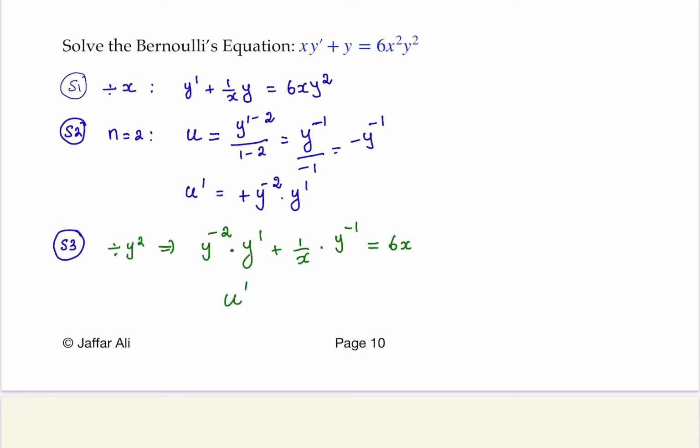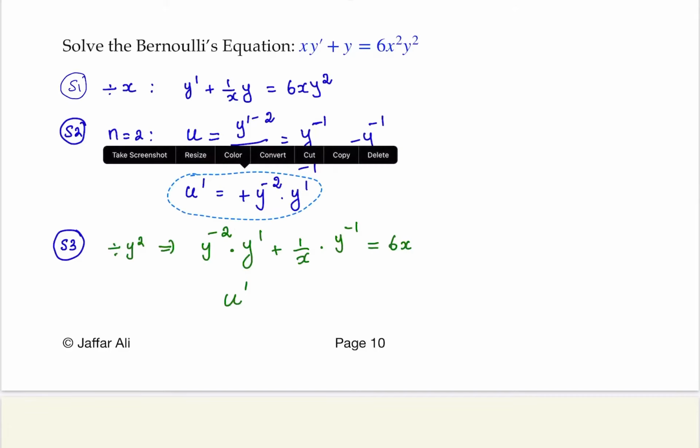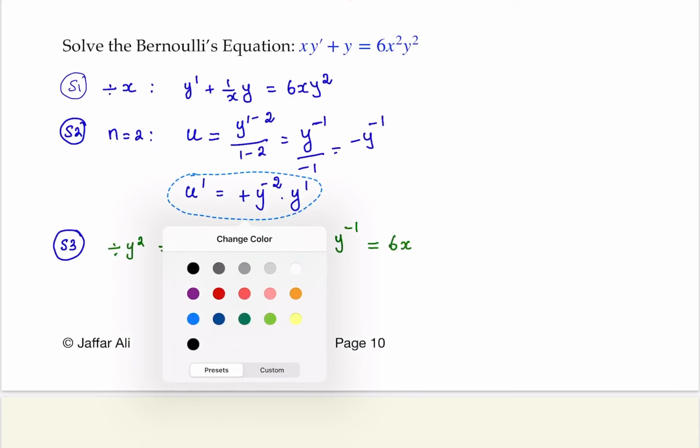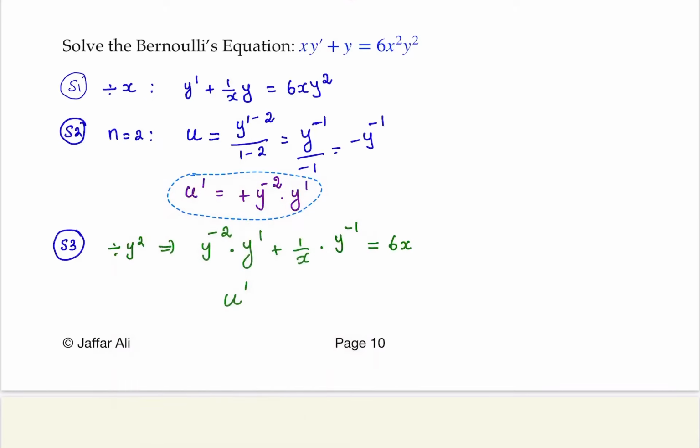And if you take a look at this right here, y to the negative 1, it's this, but not exactly this. There's a negative in here, but that's okay. We can handle it. It's not a big deal. So let me change the color so you can see it better. I'm going to change this color to purple, and this is also purple, as you see.